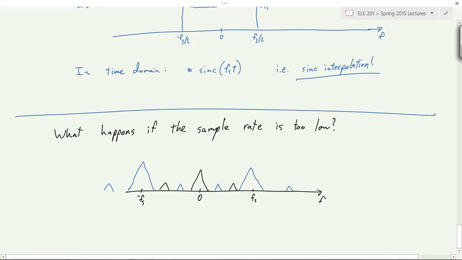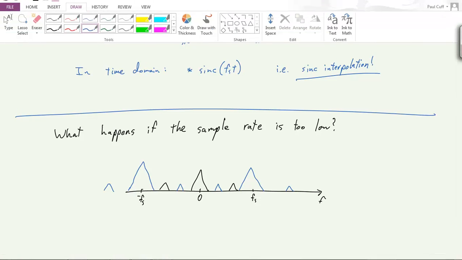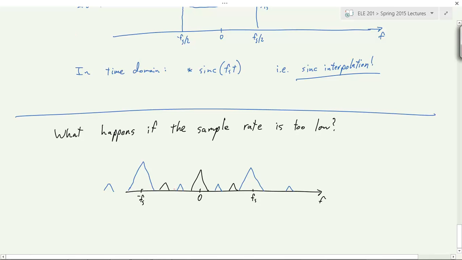Okay, now let's say you go back and you apply your reconstruction, which was a low-pass filter. And that's what you have back. Well, it's clearly not the same as your original signal. Your original was the black. Now you have this new thing.